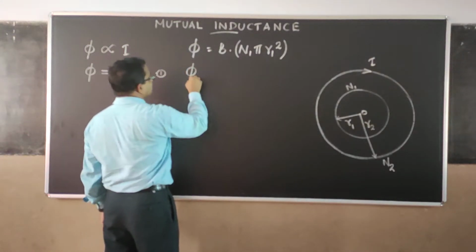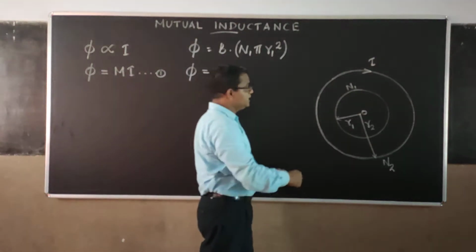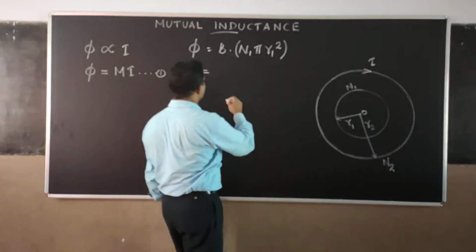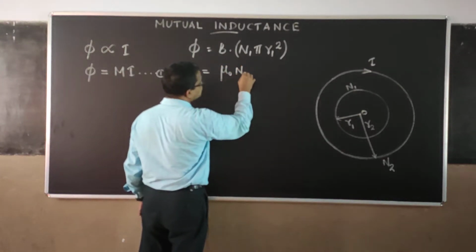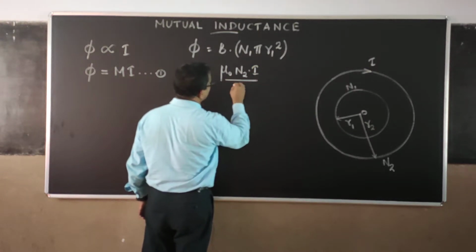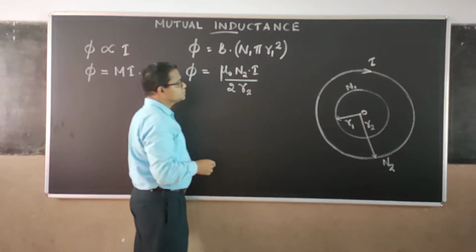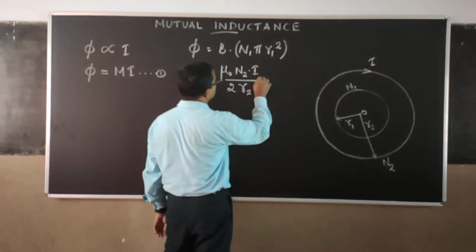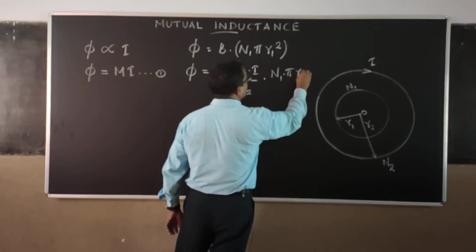And therefore flux phi will be equal to the magnetic field inside the outer coil, which is mu 0 N2 into I divided by 2 R2, the derived formula, into N1 into pi R1 square.